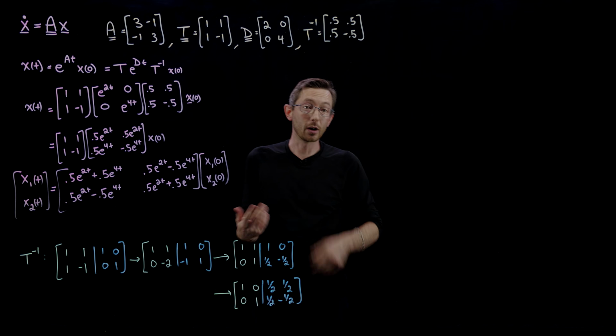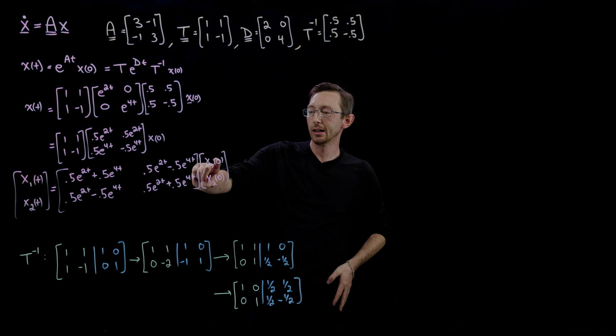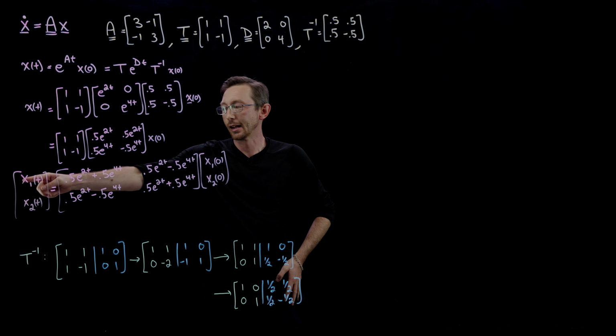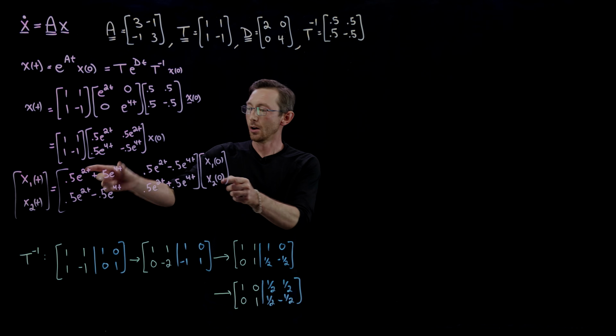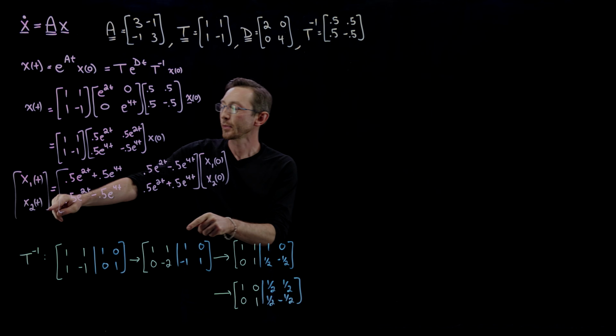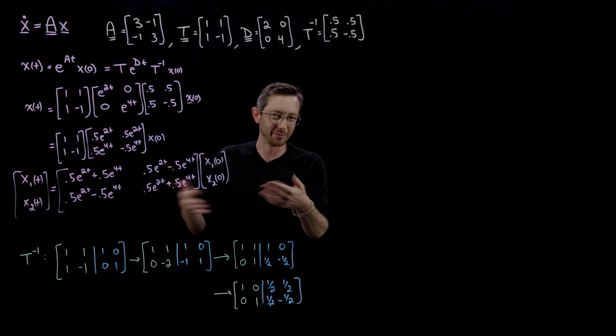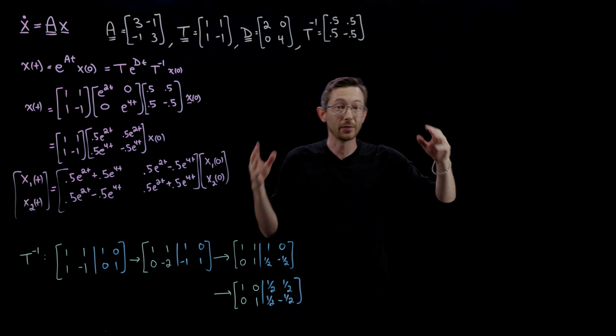Now, I guess if I really wanted to write this out completely, fully, what I would do is I'd actually multiply this guy over, and I'd get x1 of t equals all of this stuff times x1 naught plus all of this stuff times x2 naught. And x2 of t is all of this stuff times x1 naught plus all of this stuff times x2 naught. That would be the full-blown solution in time.